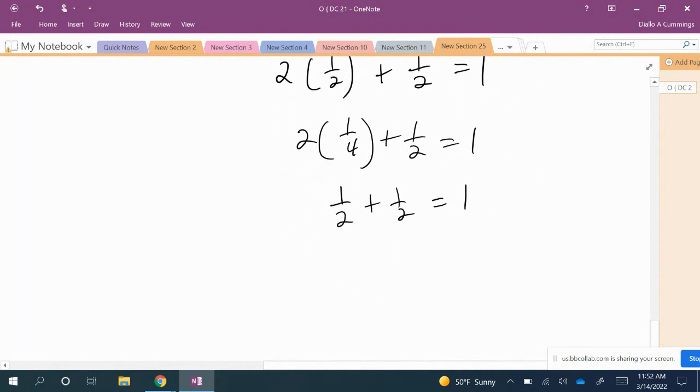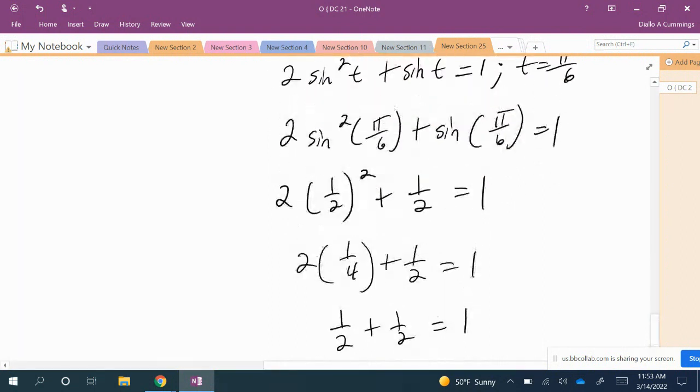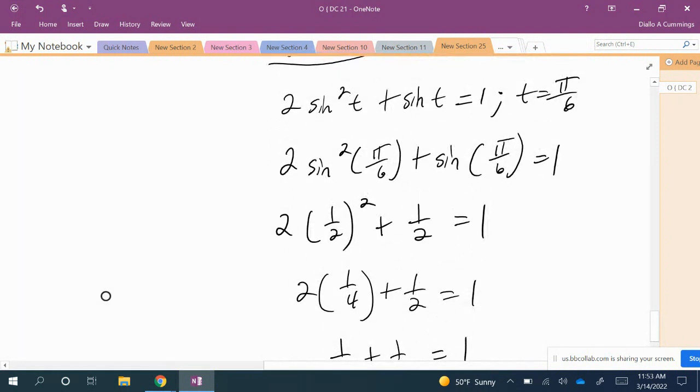On the left hand side, 1/2 plus 1/2 is 1. So we know we have the correct solution. The same thing can be done when you substitute t for 5 pi over 6, and the same result should follow when you substitute t for pi over 2.